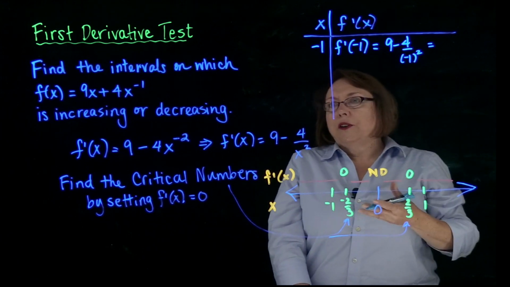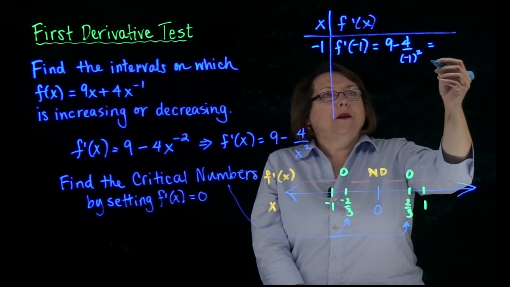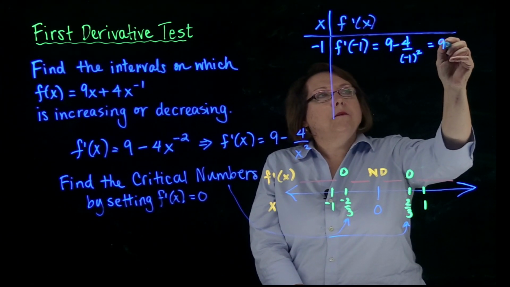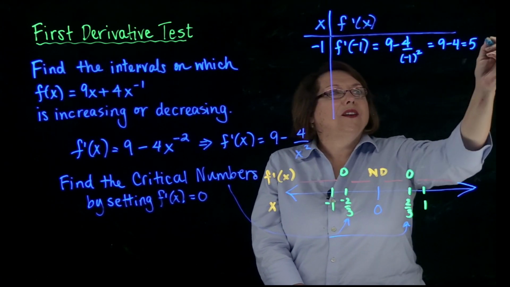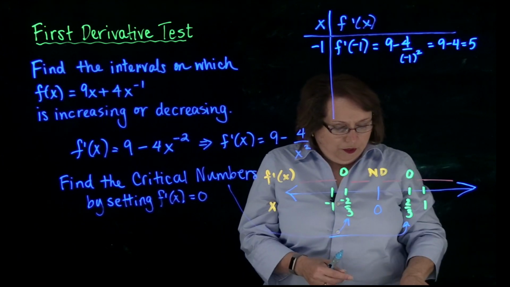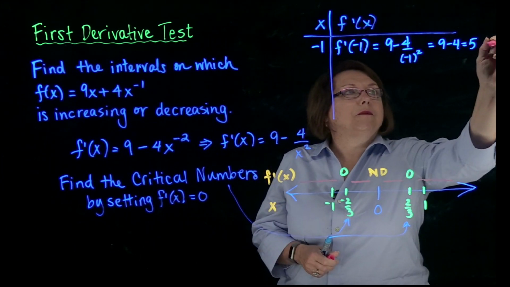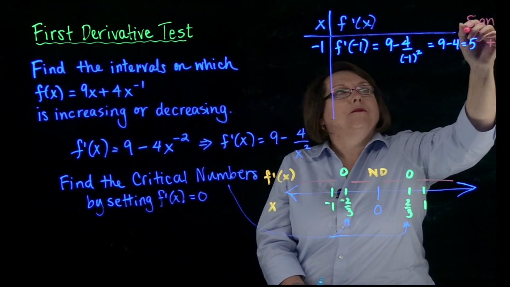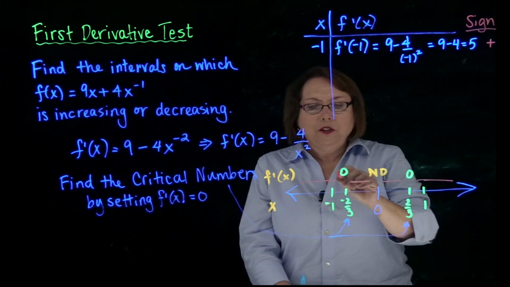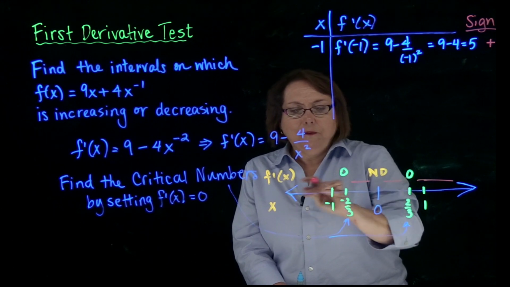Well, -1 squared is +1. 4 divided by +1 is just 4. 9 minus 4 is equal to 5. What's the sign of this 5? It's greater than 0. I'm going to put a little plus next to that and call it the sign. So which means, I'm going to erase this now.